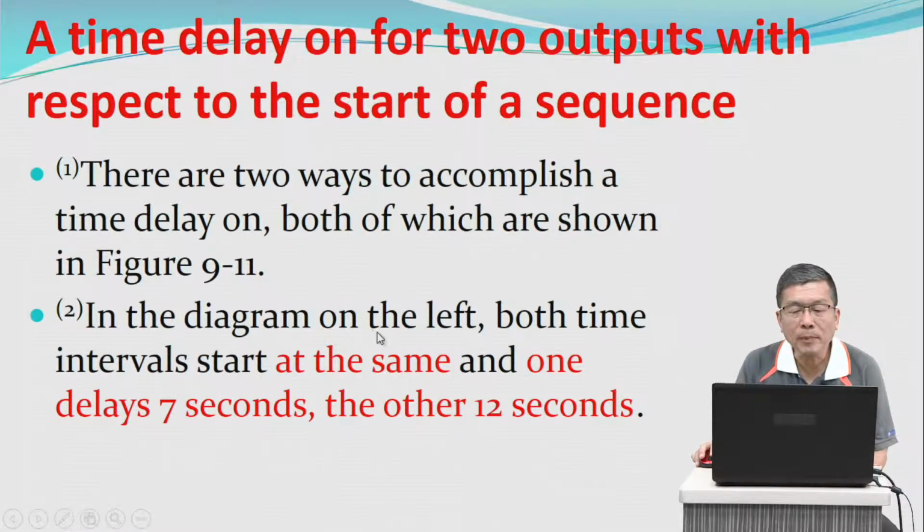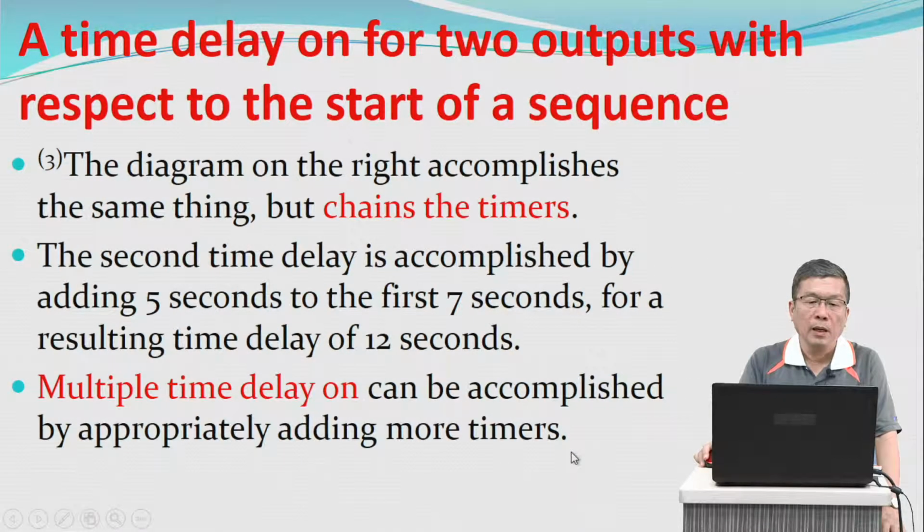In the diagram on the left, both time intervals start at the same time, and one delays 7 seconds and the other 12 seconds. The diagram on the right accomplishes the same thing, but changes the timers.